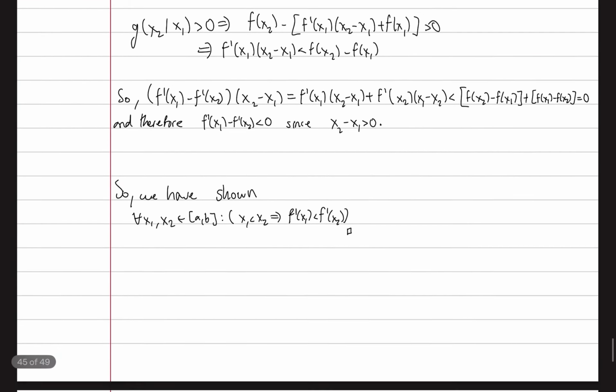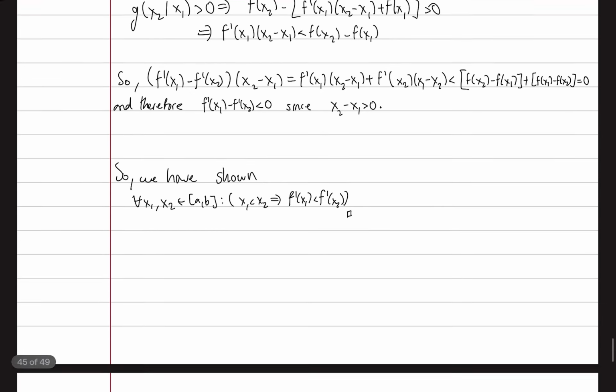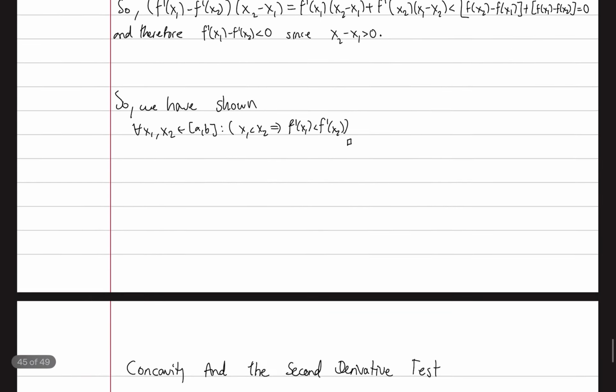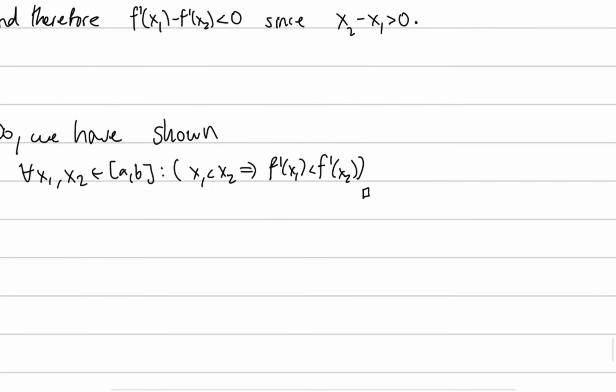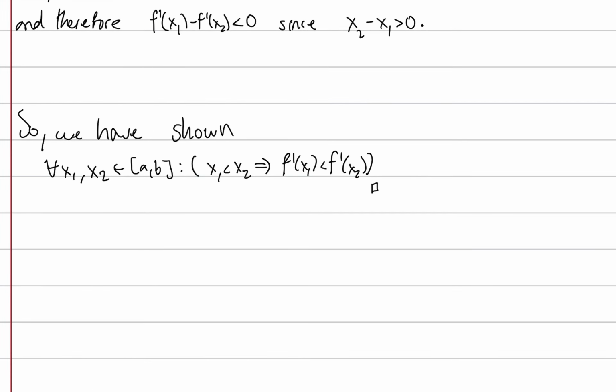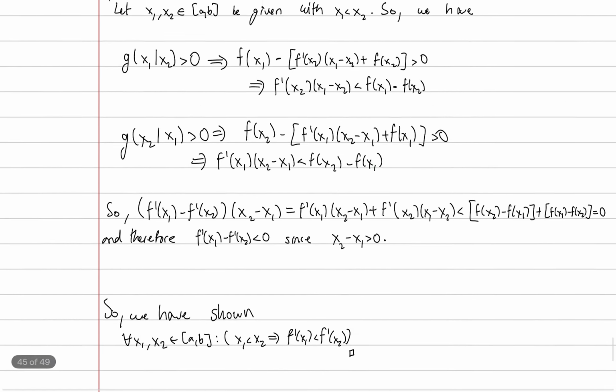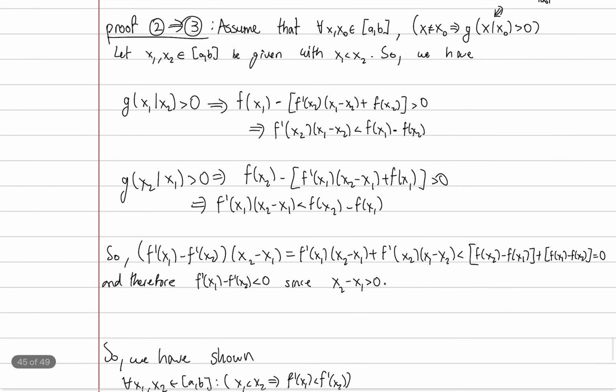So we have shown that for all x1 and x2 in the interval, x1 being less than x2 implies f prime of x1 is less than f prime of x2. And that concludes all our proofs. We've proven 3 implies 2 and 3 implies 1 and 1 implies 3 and 2 implies 3. So 3 is equivalent to 2, 3 is equivalent to 1, so 1 is equivalent to 2. So all of them are equivalent for differentiable functions.